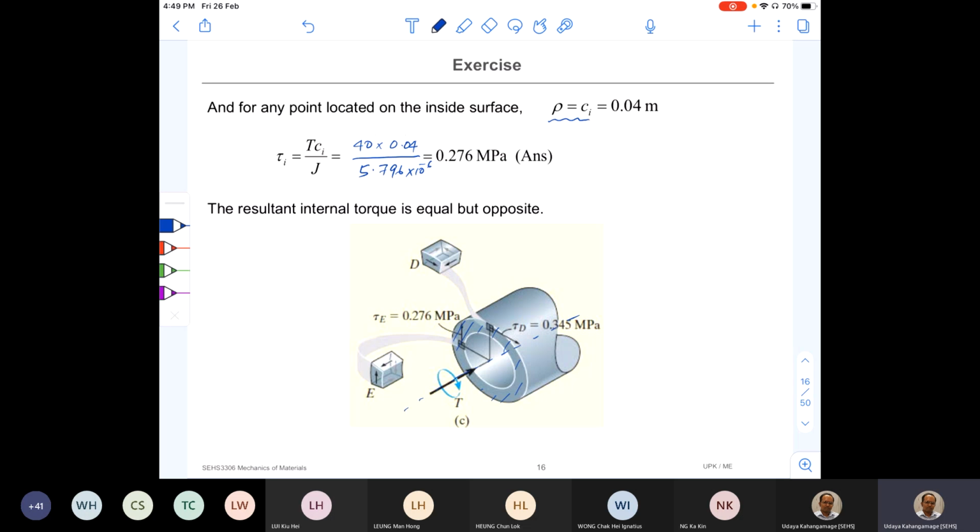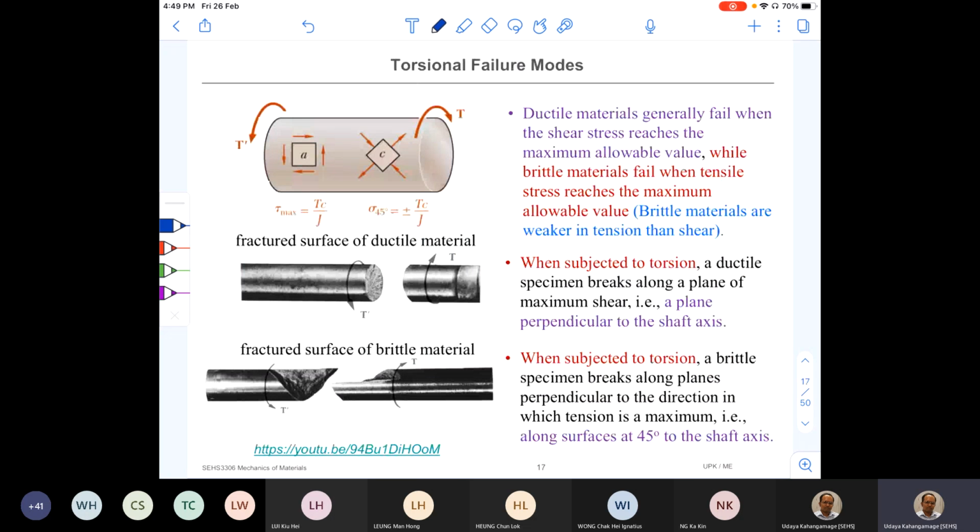So what about other sections? If I cut this member at an angle, do we see other stresses? In fact, the answer is yes. For your information, on a cross section perpendicular to the major axis, we find shear stress only.